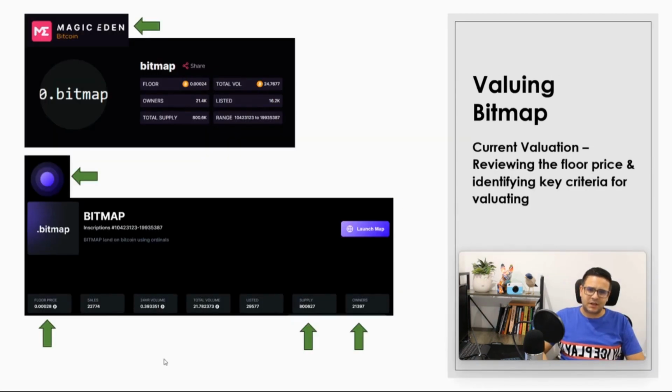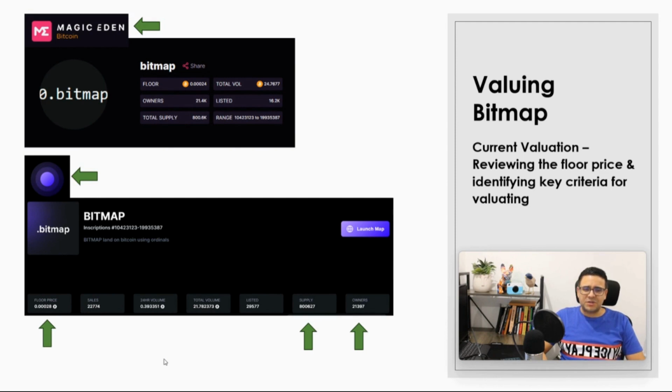Now we're going to look at how we can potentially value the Bitmap. This is just my own take on it, and I'm trying to find similarities with how real estate would be valued.